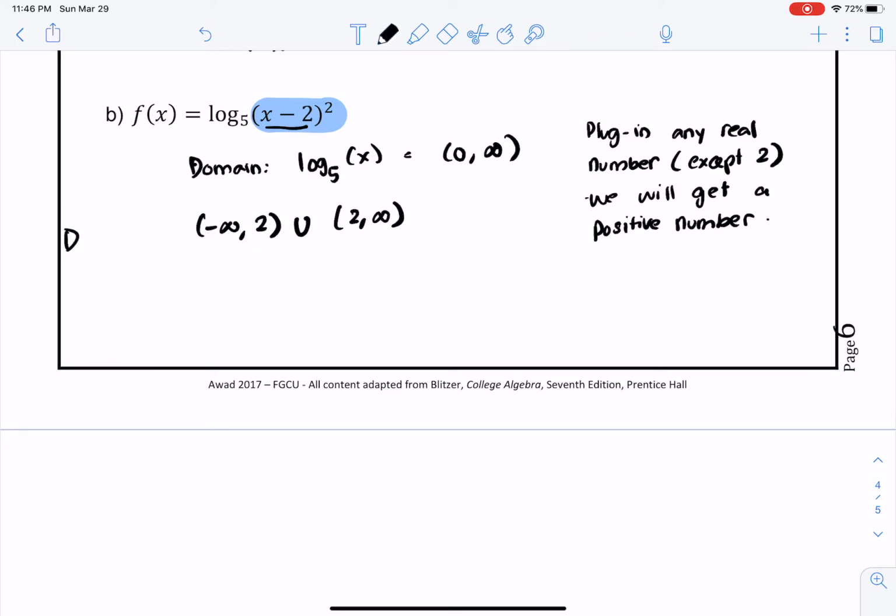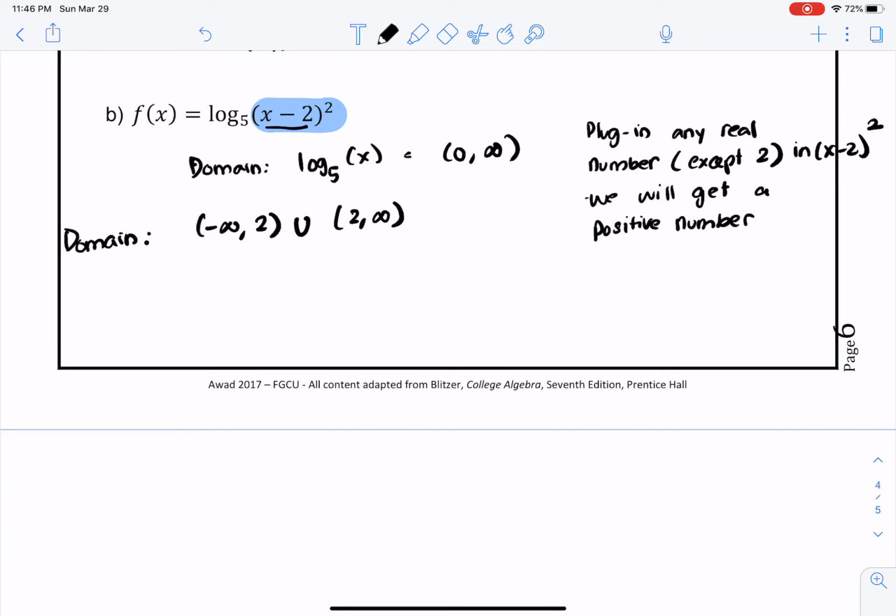The domain is negative infinity up to 2, union 2 to infinity, because we can't plug in 2, because when we plug in 2, 2 minus 2 would become 0.